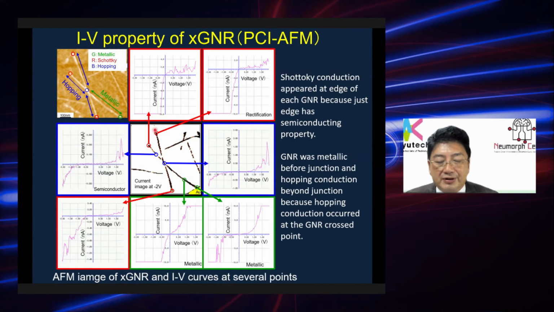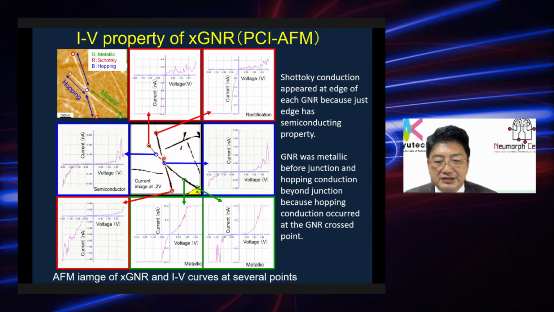And the crossed GNR shows hopping conduction at all points, which means that at the crossed point junction, the hopping conduction occurred.